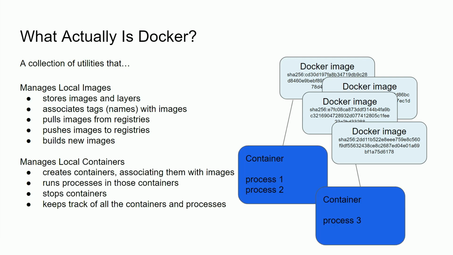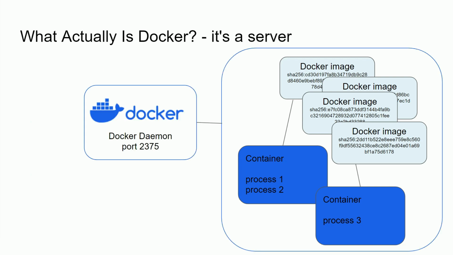The containers, as we've noted before, are just isolated environments based on Linux namespaces. Docker creates and destroys these containers and keeps track of the containers that it's created and the processes that it's running in those containers. The volumes, like images, are also stored somewhere on disk and are managed by Docker. Now, Docker packages all these utilities into a server that runs as a daemon process.